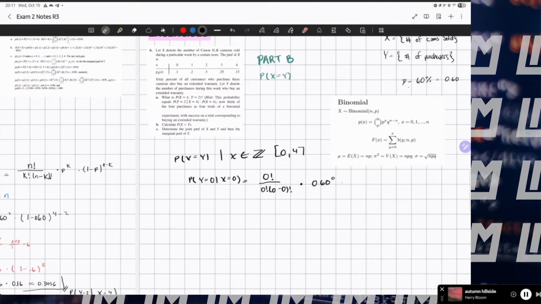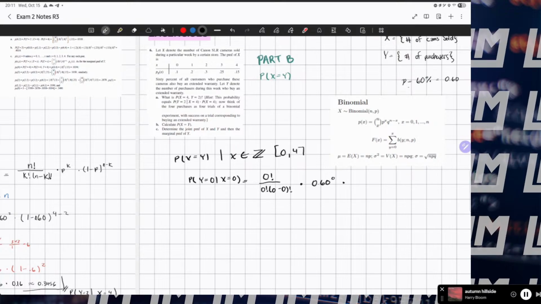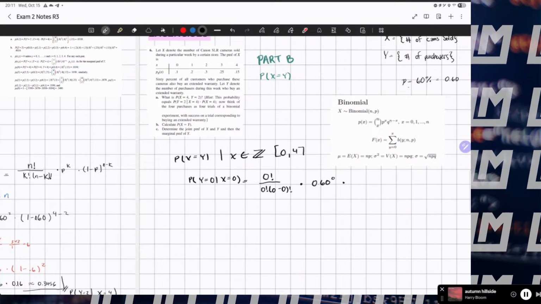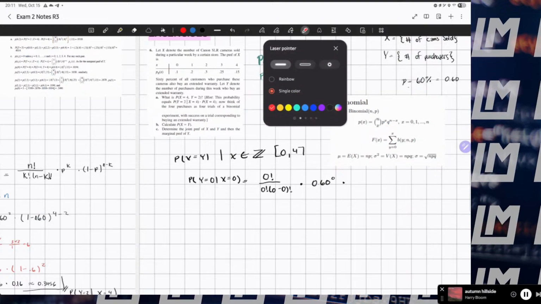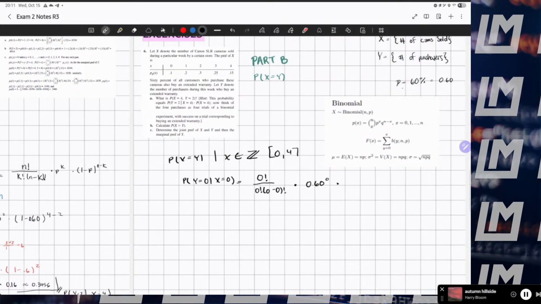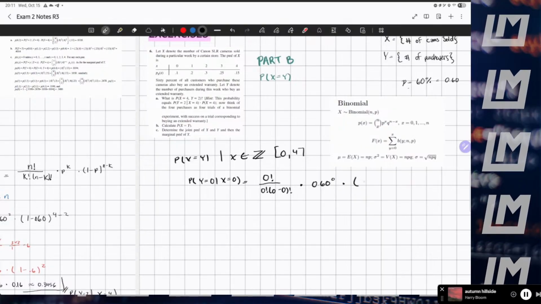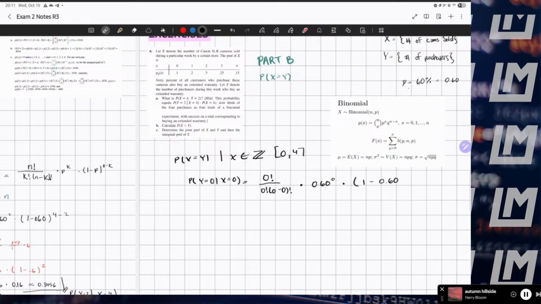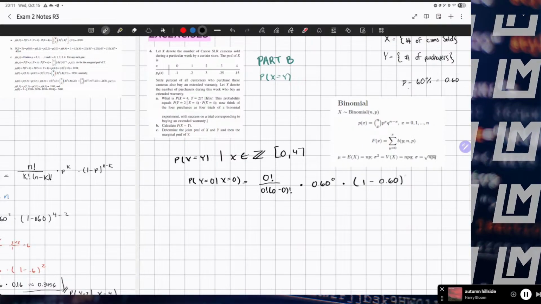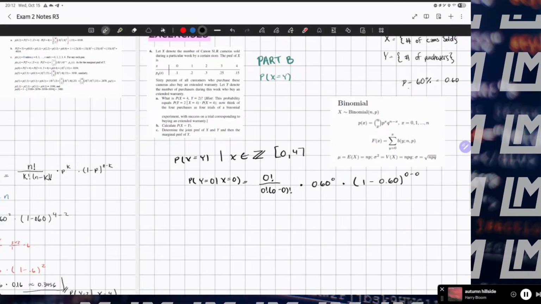And then we're going to do times, right here it says q, but q is just the complement of p, so we do 1 minus 0.60 with n minus x, 0 minus 0.